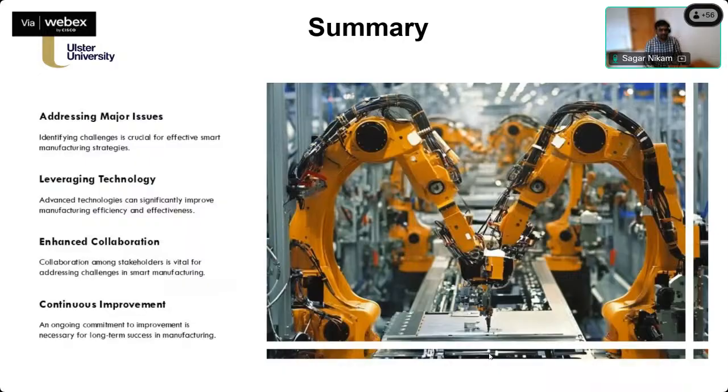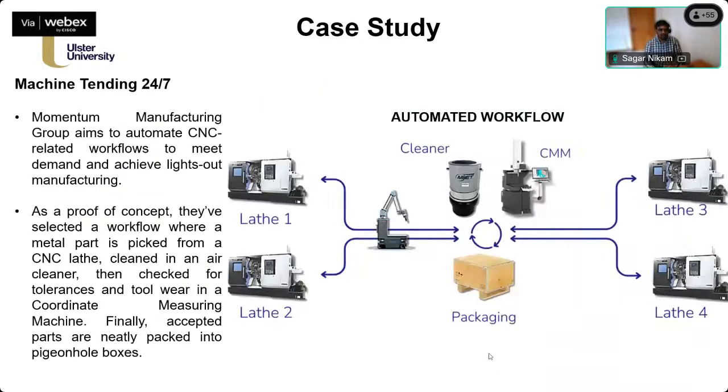We need to leverage technology where advancement is required, whether it be AI technology, machine learning technology, or sensor technology. There should be proper collaboration within the departments and among the people, and continuous improvement is the only key to making smart manufacturing real.